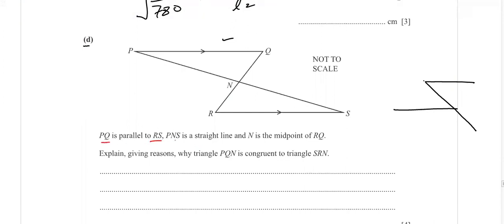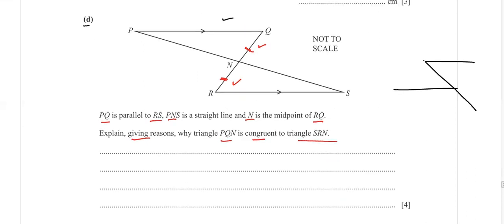PQ is parallel to RS, PNS is a straight line and N is the midpoint of RQ. N is the midpoint of RQ, meaning on this side and this side, these both are the same. This is equal because N is the midpoint. Explain, giving your reason, why triangle PQN is congruent to triangle SRN. It's a 4-mark question.